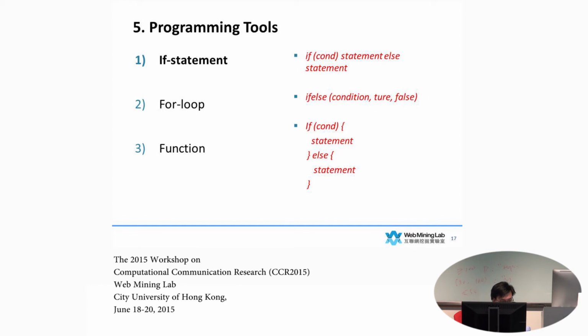Here, if x is larger than or equal to 100, print high value, okay, else if x is larger than or equal to 15 and, this means and, it's the logical operation, so you can check this in any R books.